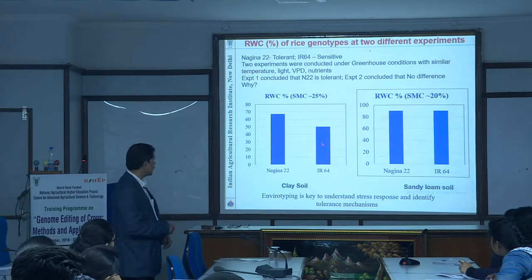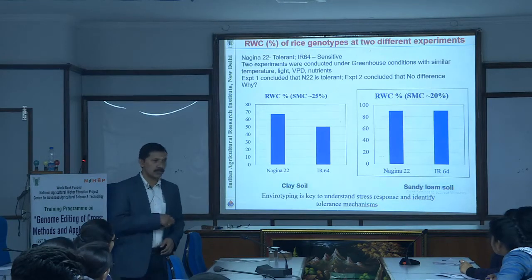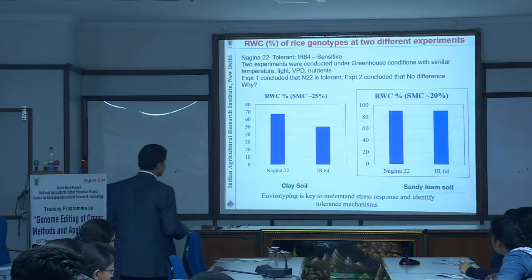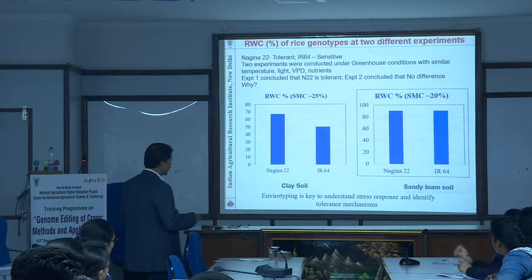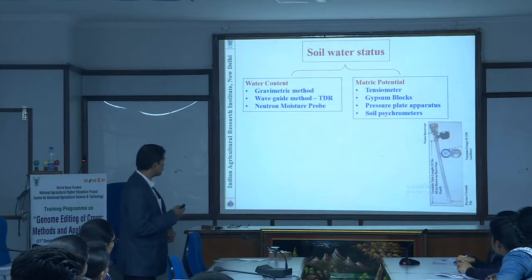At the same time, the permanent wilting point of this clay soil is maybe about 20-25%, whereas in the case of sandy loam soil, even the field capacity will be about 20%. Which means the maximum available water here is at 20, but here the minimum available water is 25. That's why we see a lot of difference in this one.